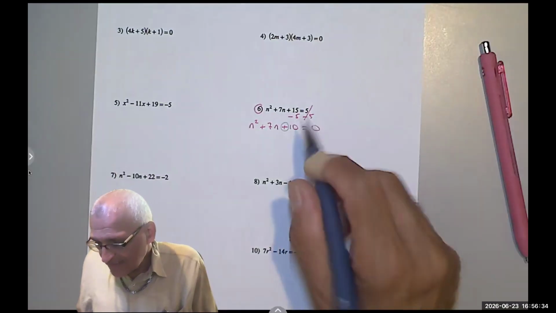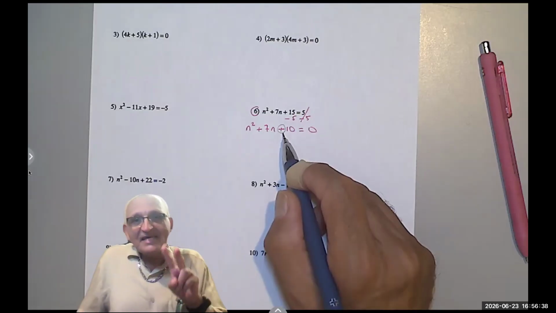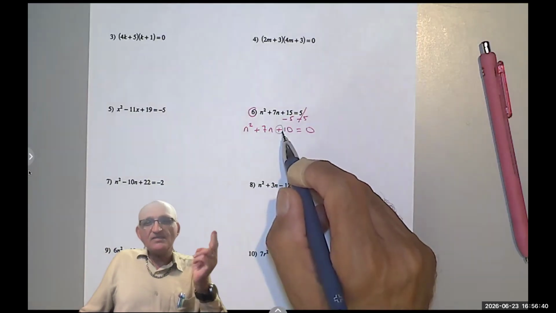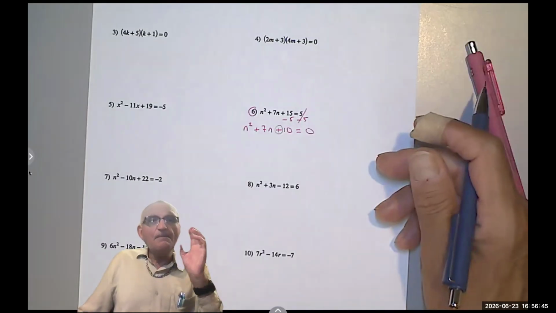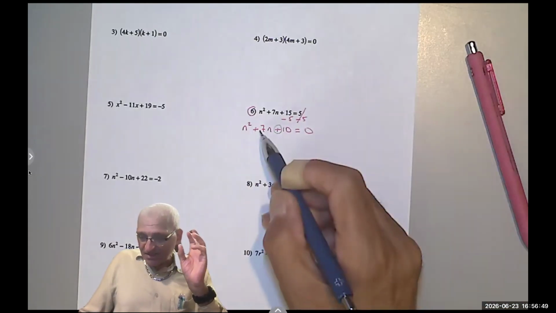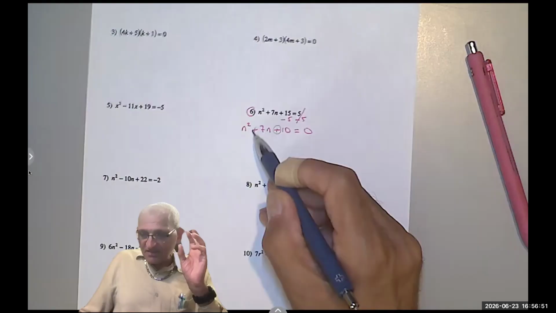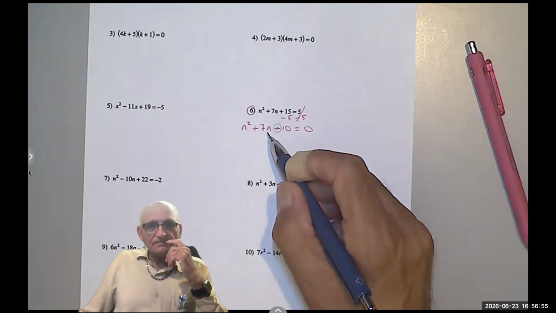What if this one is negative? If this one is negative, it means they don't match. One of them is positive and the other is negative. But which is which? The sign of the bigger number matches the sign of the linear term, which is n in this case.